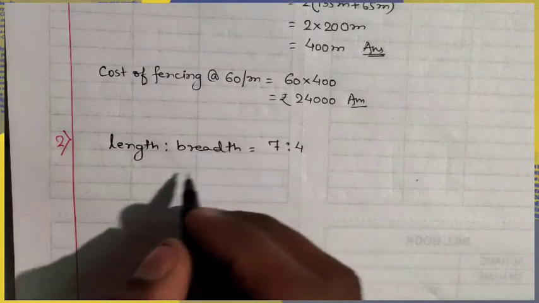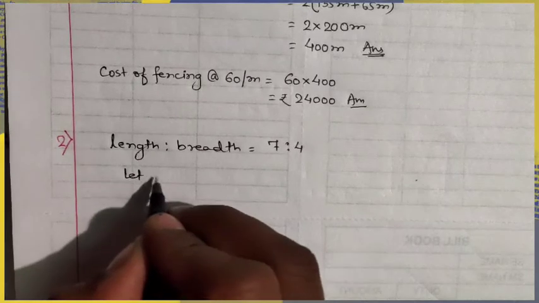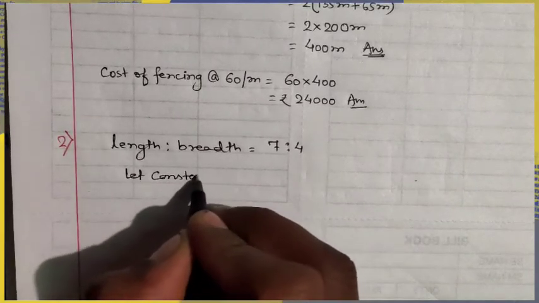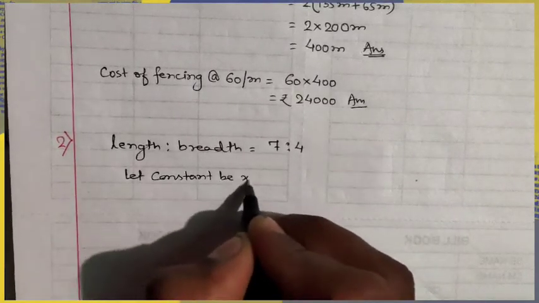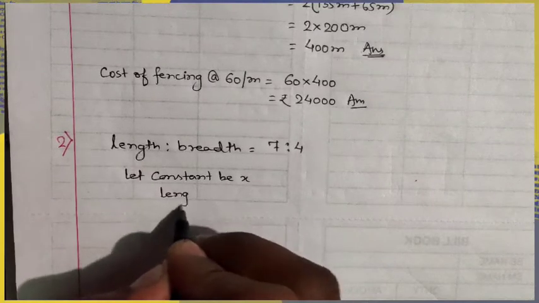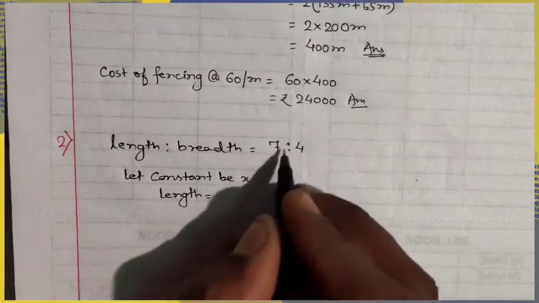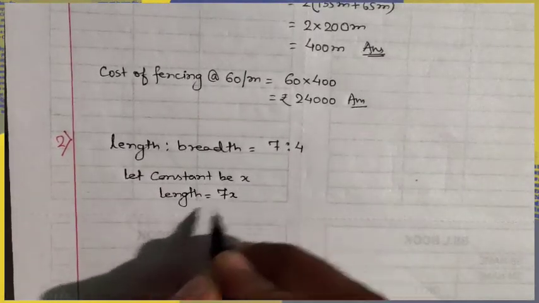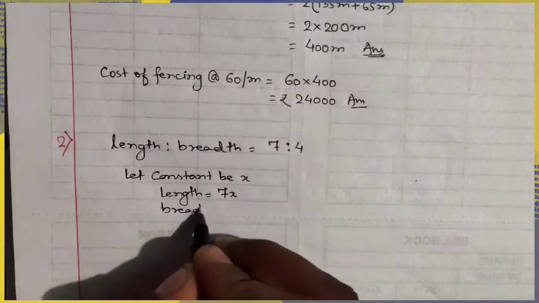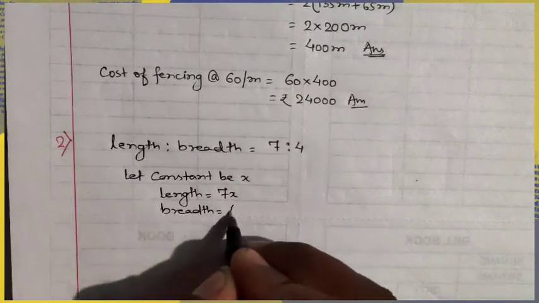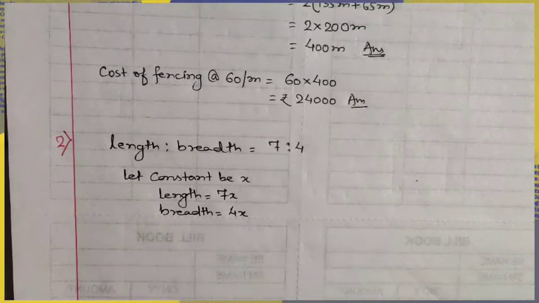breadth with respect to a variable. Let the constant be x. We will write length is equal to 7 multiplied by x, 7x. Breadth is equal to 4 multiplied by x, it will be 4x.